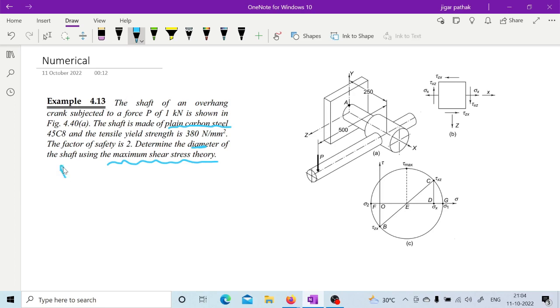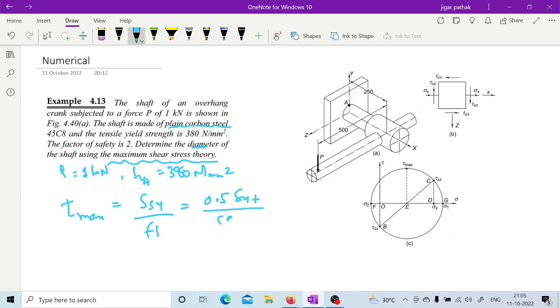So here what is given is P is equal to 1 kilonewton, then SYT is equal to 380 Newton per mm square. Then permissible shear stress you can calculate from SSY divided by factor of safety, where SSY is 0.5 times SYT.